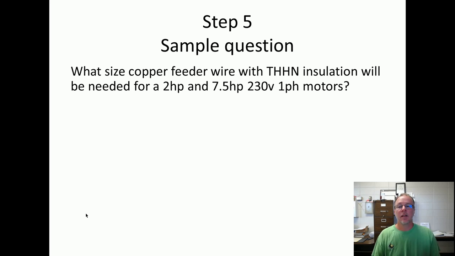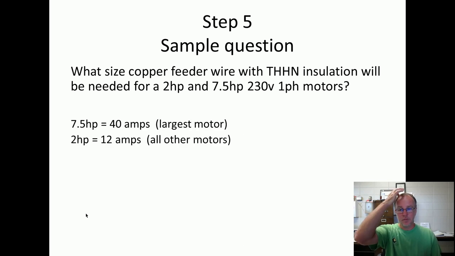Okay, here's one where you need the wire size. What size feeder conductor wire with THHN insulation will be needed for a 2 horsepower and a 7.5 horsepower 230 volt single phase motor? Well, this one's easy too. The largest motor should be the 7.5. It pulls 40 amps. The 2 horsepower pulls 12 amps.